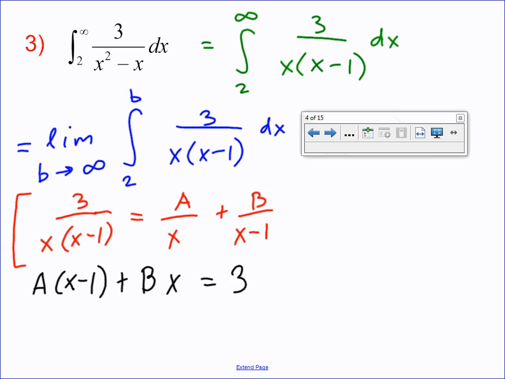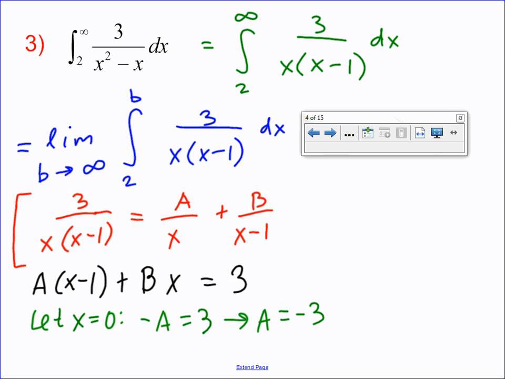So what would be a convenient x value to choose, Riley? If I let x equal 0, then the b term would drop out, and I'd get 0 minus 1 is negative 1a equals 3, telling me that a must equal negative 3.